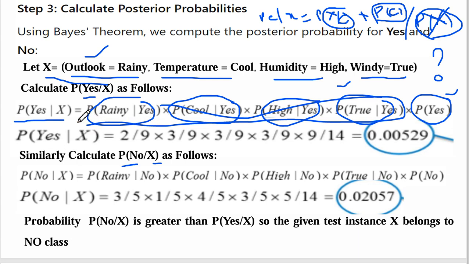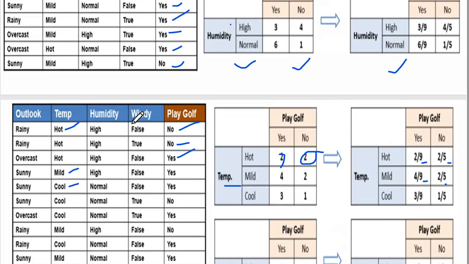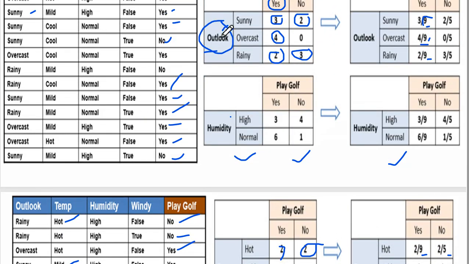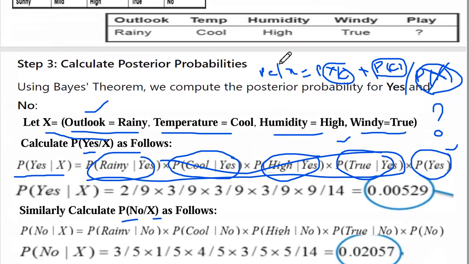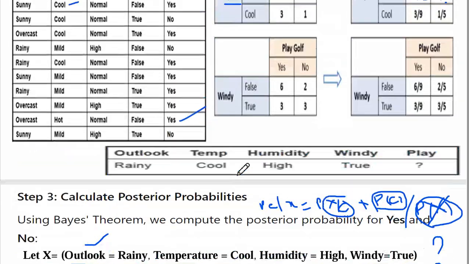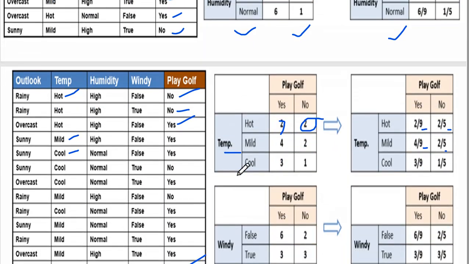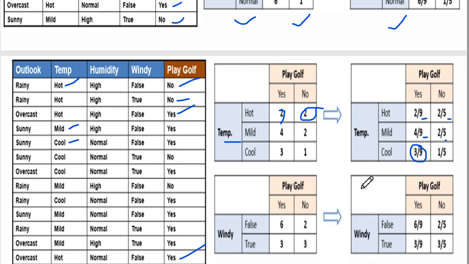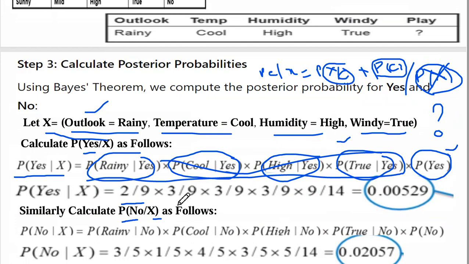From the likelihood table, outlook equal to rainy with yes: how many records do we have? 2. That's why here we write 2 by 9. Temperature equal to cool with yes: go to the temperature likelihood table, and with cool we have 3 by 9, so times 3 by 9.